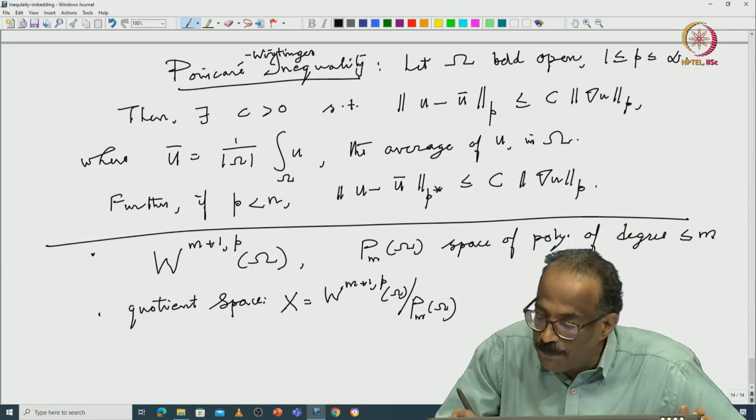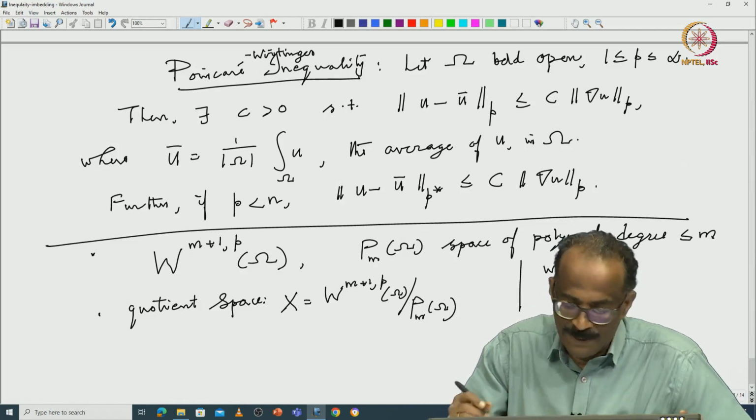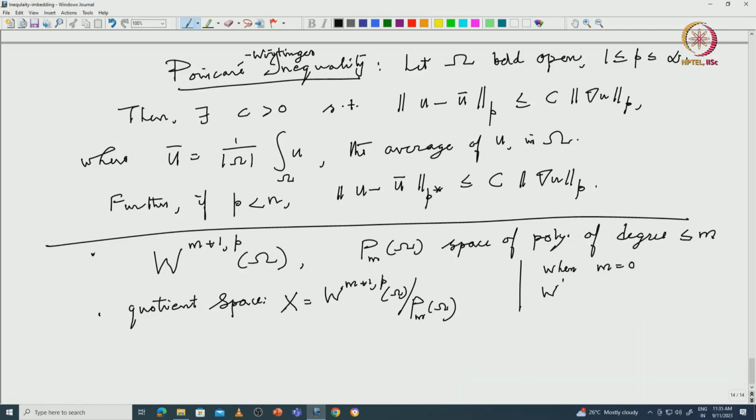And of course, when m equal to 0, this is W^{1,p}, and your P_0 is nothing but constants, which is identified with the real line. So that is what we do.